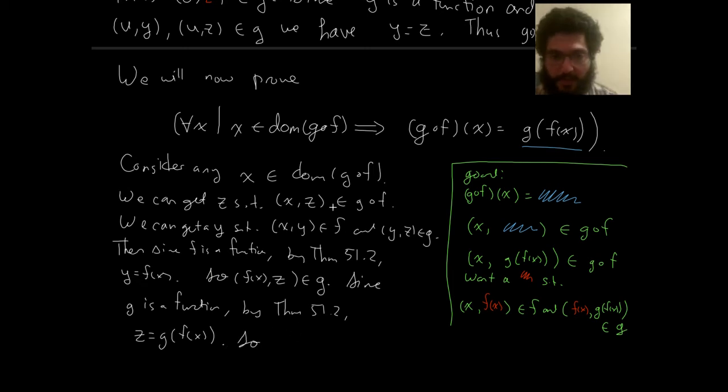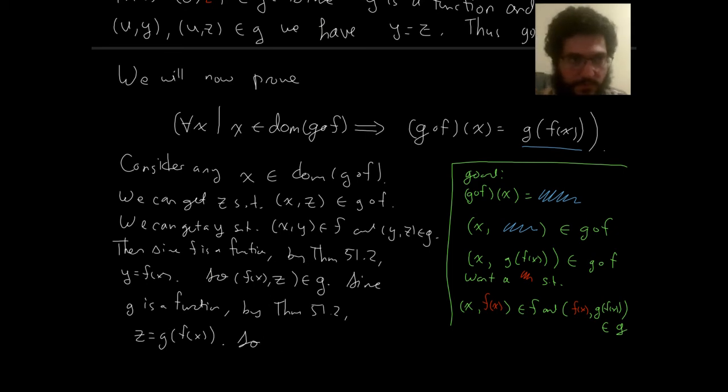So now I know what z is, so look what I've got. X comma g of f of x is in the composite. So I actually achieved this. Interesting that I got it just from unpacking things. I didn't actually have to pursue this part so actively.